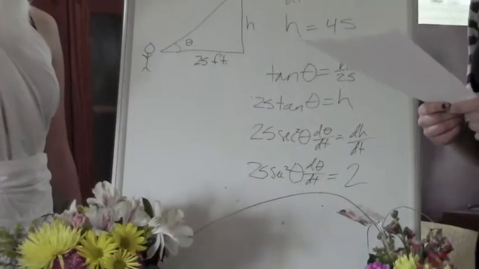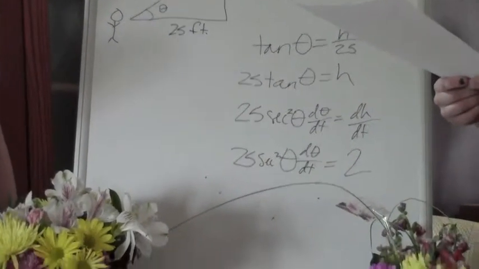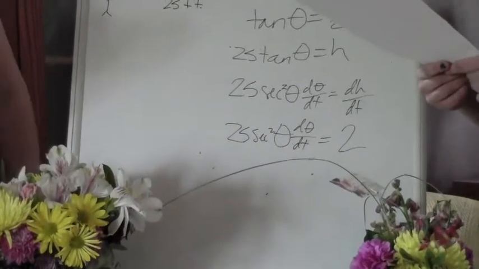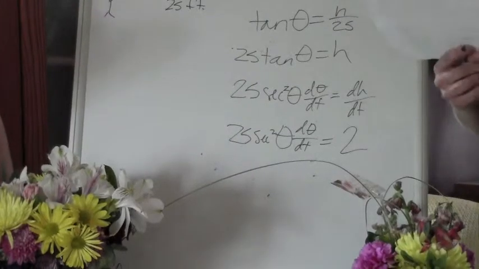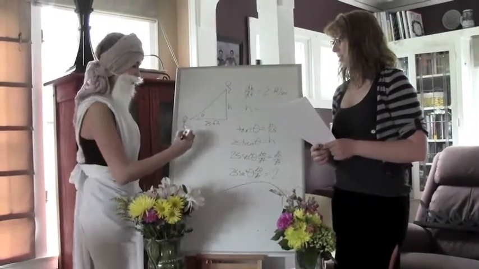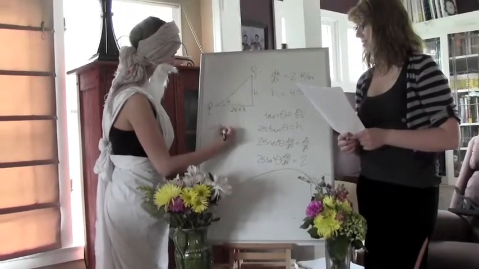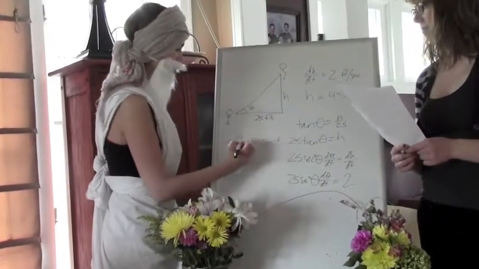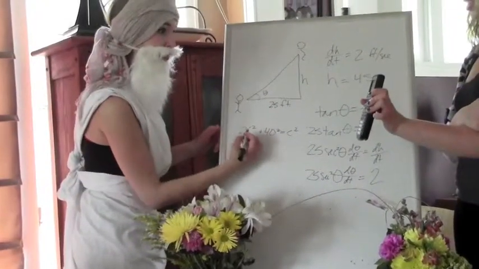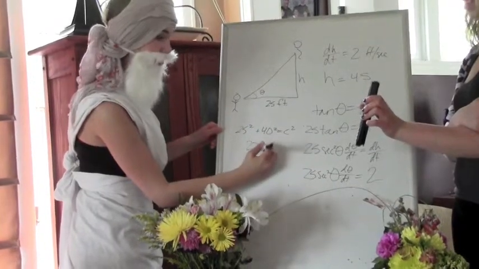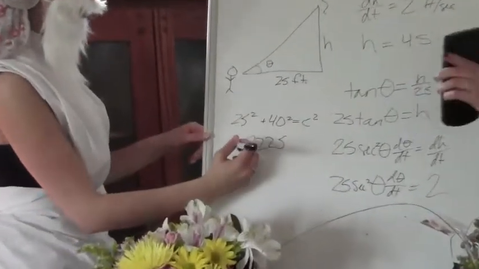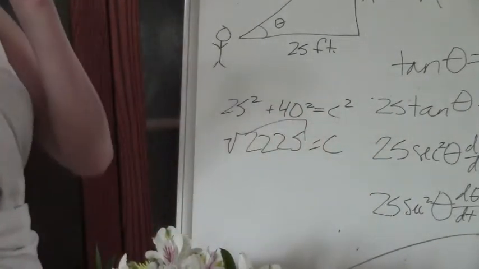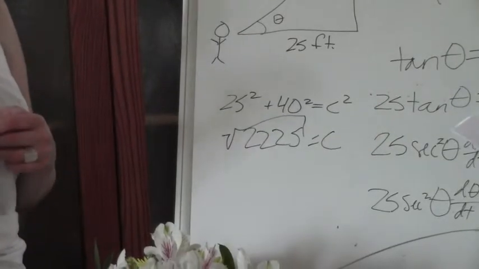We now have to use the Pythagorean theorem to get our secant value. Secant is the hypotenuse over adjacent, so if our triangle has a leg of 25 and a leg of 40, its hypotenuse would be 25 squared plus 40 squared equals c squared. I didn't write down the rest of my problem.